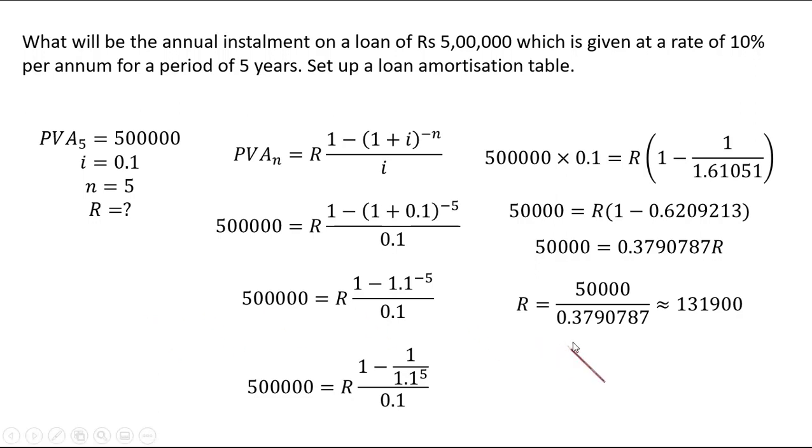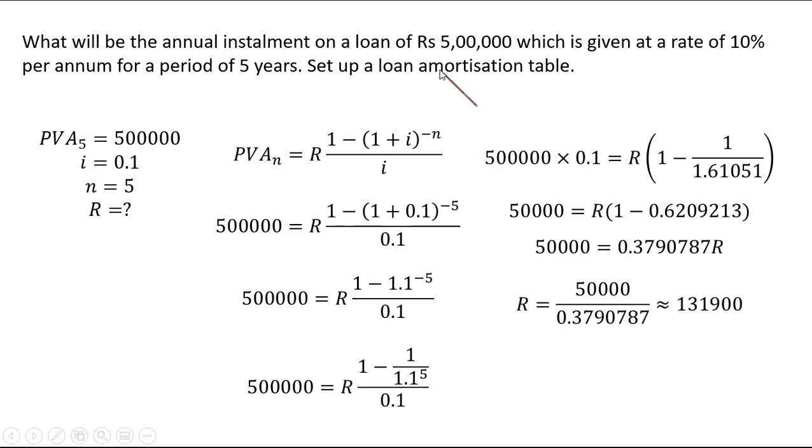So we get the annuity every year is 1,31,900. Remember, when you divide these two numbers, you're not going to get exactly some particular number. So we are approximating it to the nearest tens. So we need to pay 1,31,900 every year for 5 years so that we can avail a loan of 5 lakh today itself.